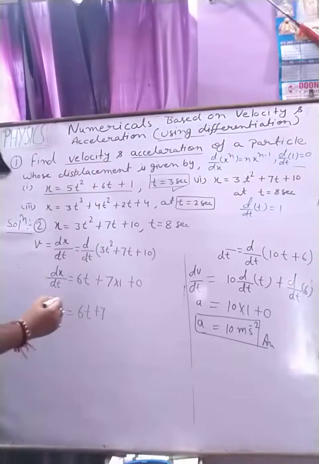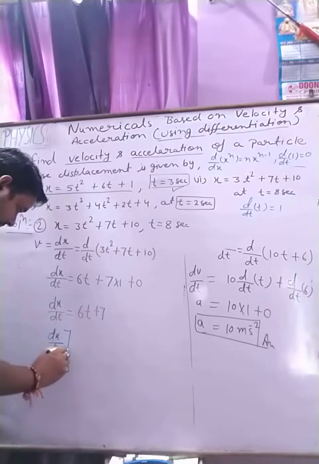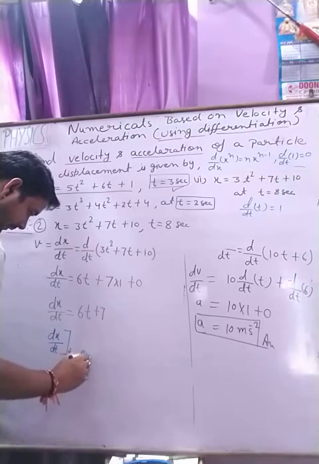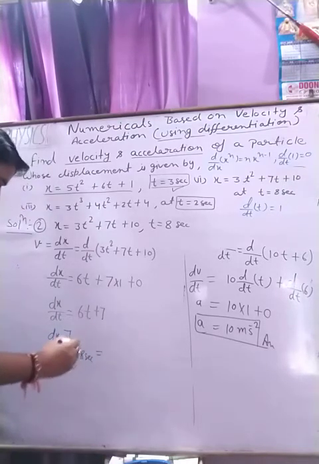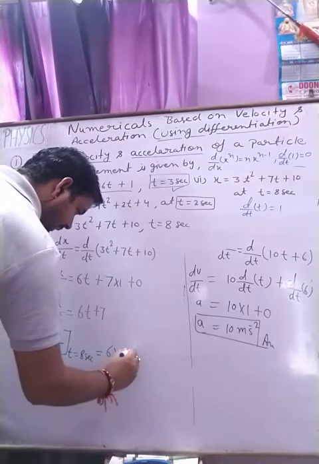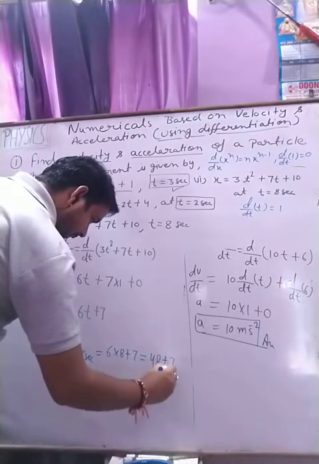Now we calculate the result: dx over dt at t equal to 8 seconds. This becomes 6 into 8 plus 7, which is 48 plus 7.